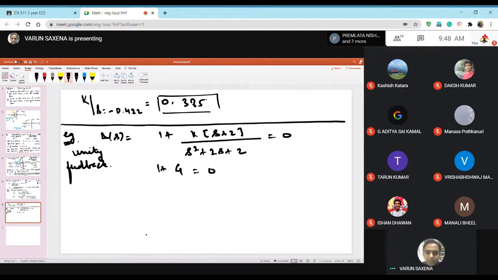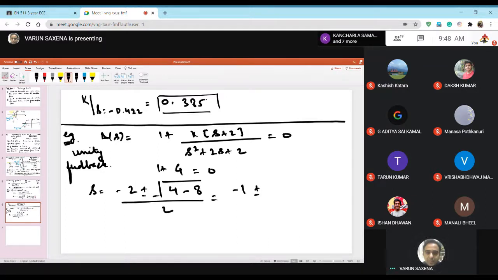So basically, you have two poles which happen to be complex, and the values of those two poles is (-2 plus minus square root of 4 minus 8) divided by 2. So that comes out to be -1 plus minus j. Okay, so these are your poles.